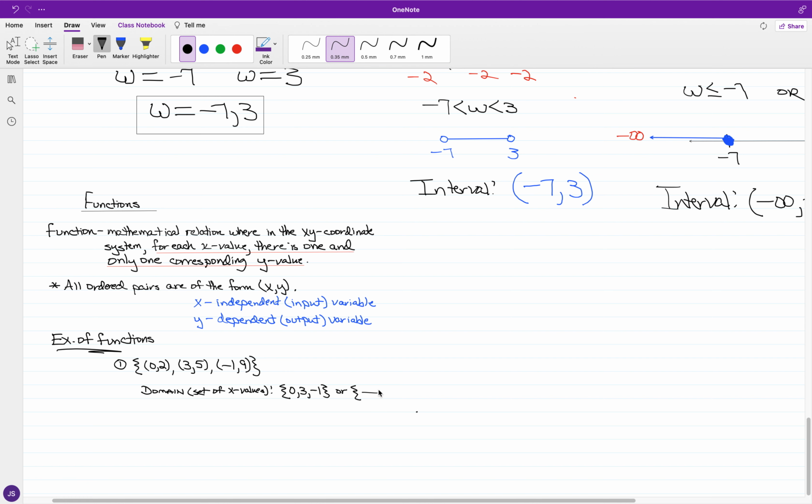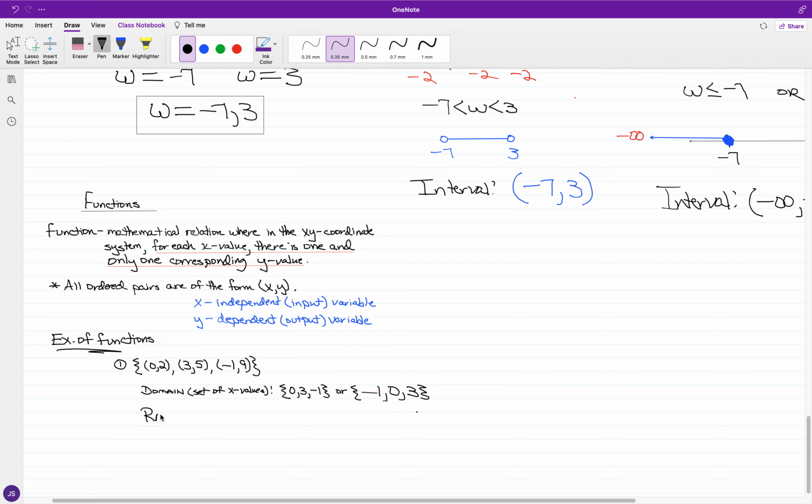And if you want to put this in numerical order, I know that the author, as well as the authors of many other books, like to put the domain in increasing numerical order. But if you have 3, 0, -1, or 3, -1, 0, or 0, -1, 3, you still have all the values that make up the domain.